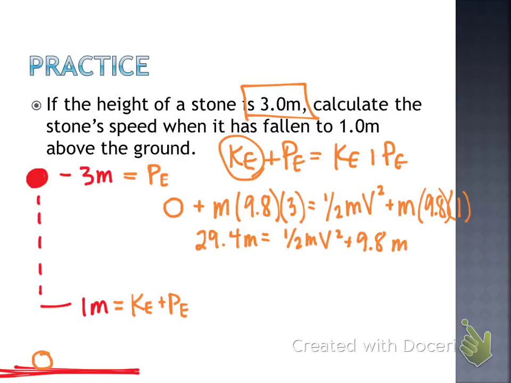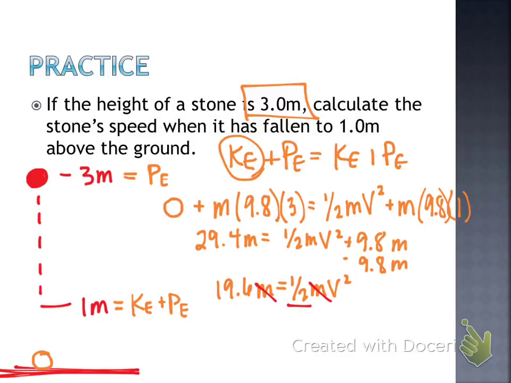Okay, from there, what should I do? I'm going to subtract over my 9.8 m. That would combine my like terms. Leaves me with 19.6 m equals 1/2 mv squared. So now I've got an m on both sides that I can cancel. Agreed?